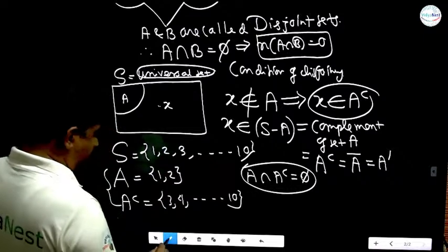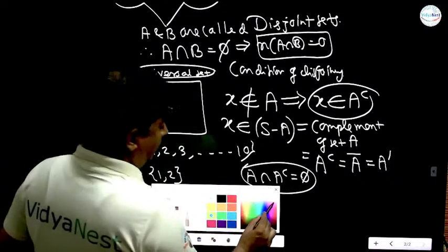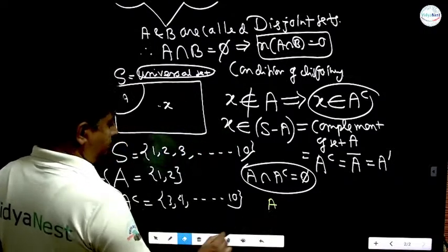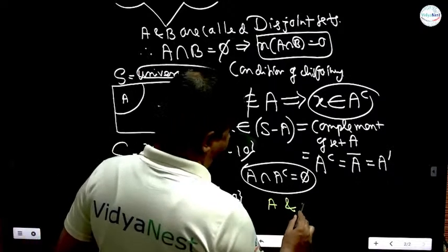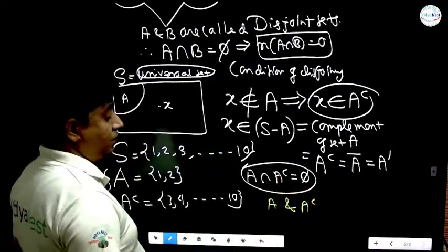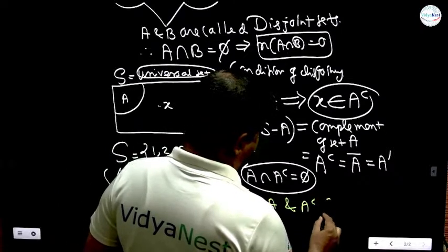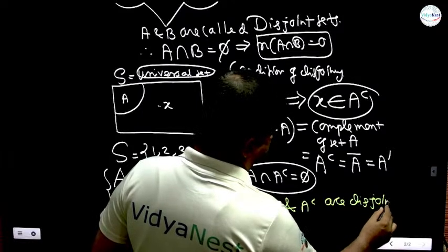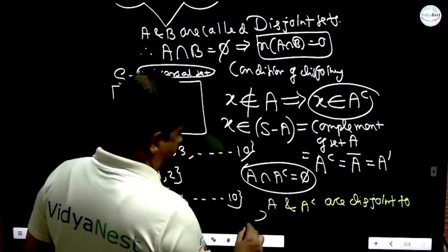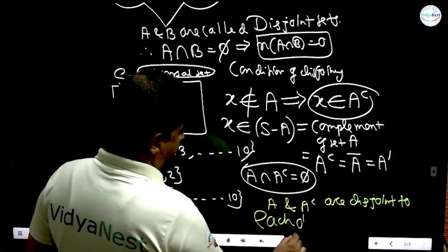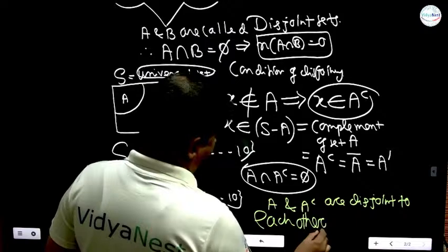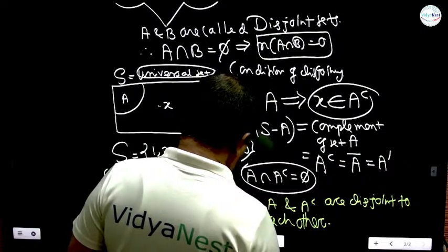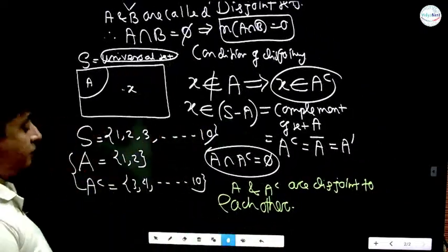Yes or no? Yes, sir. So, I can draw one conclusion with that. A and A dash, or A superscript C, complement, are disjoint to each other.